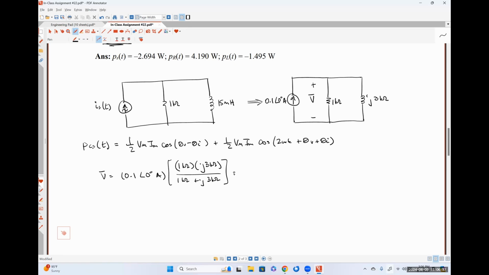So 0.1 angle 0 times 1,000 times 3,000j over 1,000 plus 3,000j is 94.868 and some change, with an angle of 18.435 degrees.